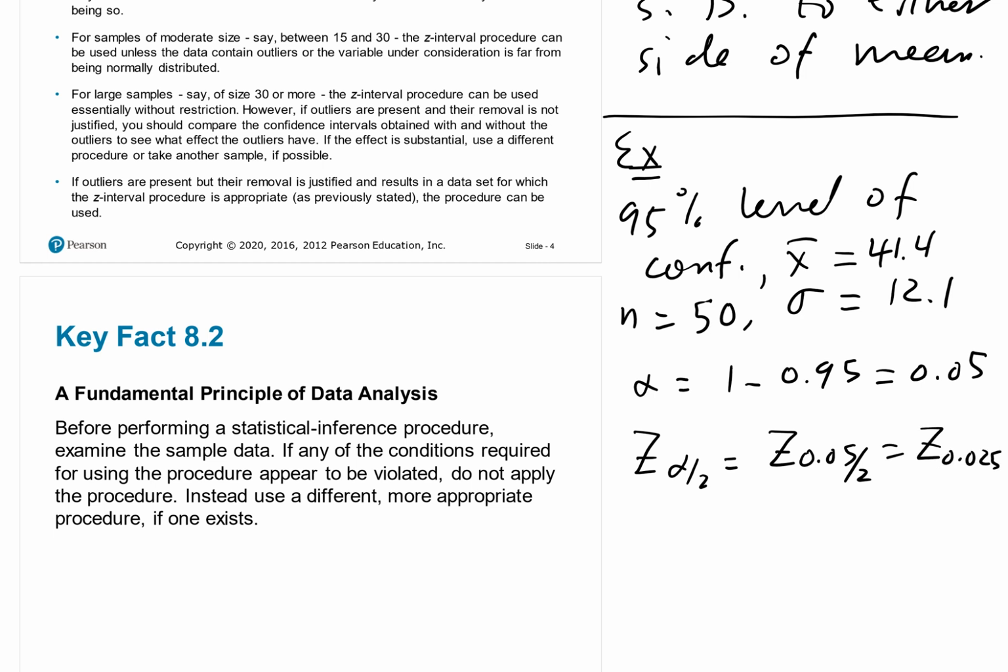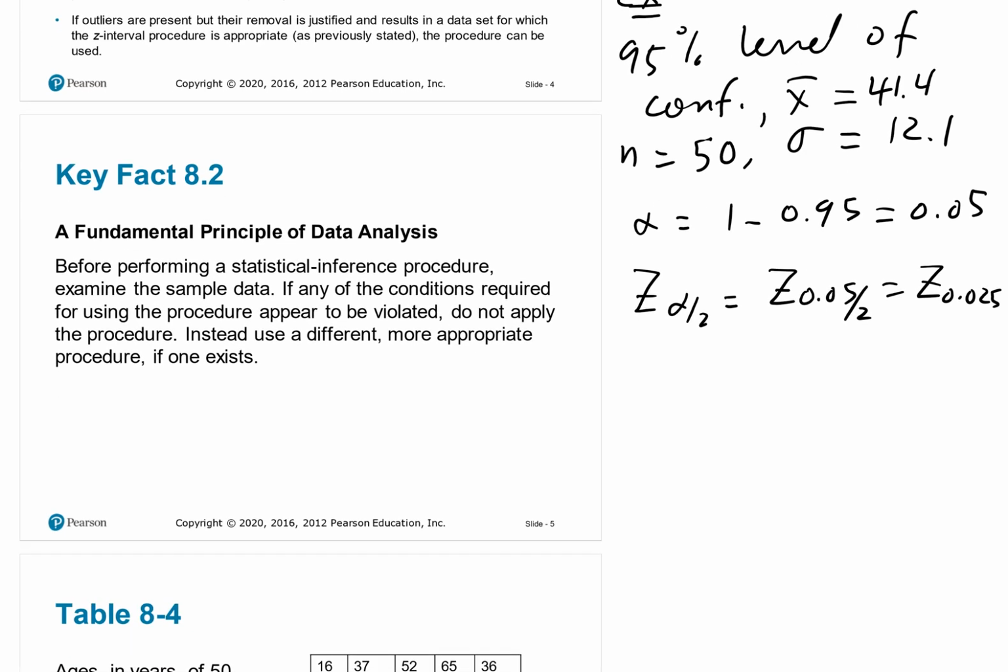Now we go to table 2. In table 2, you need to look in the body of the table for the value 0.025, since the area goes in the body of the table.